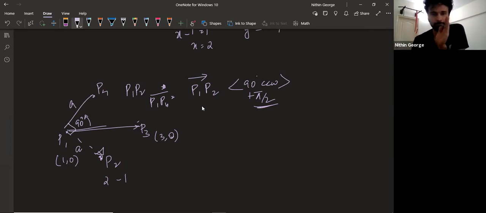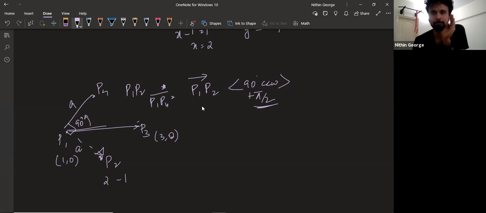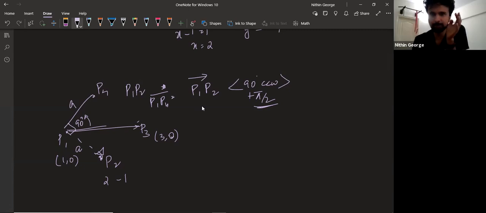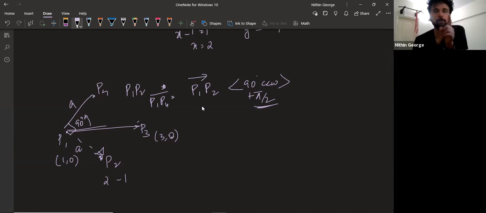Any doubts? No, sir. Any doubts, guys, all of you? Sir, can you repeat just once more? Yeah. So which part here? P4 only, sir. Okay. P1, P4 is this vector going from P1 to P4.